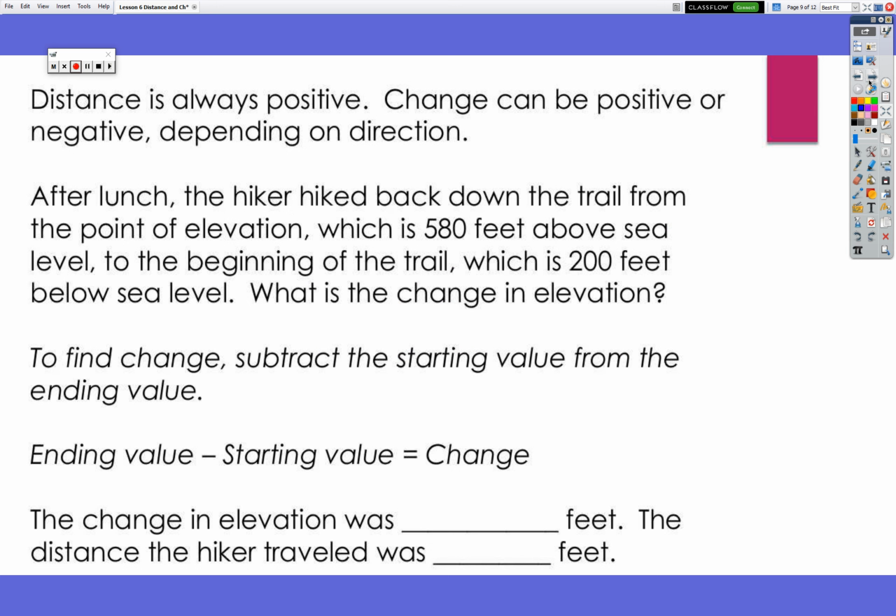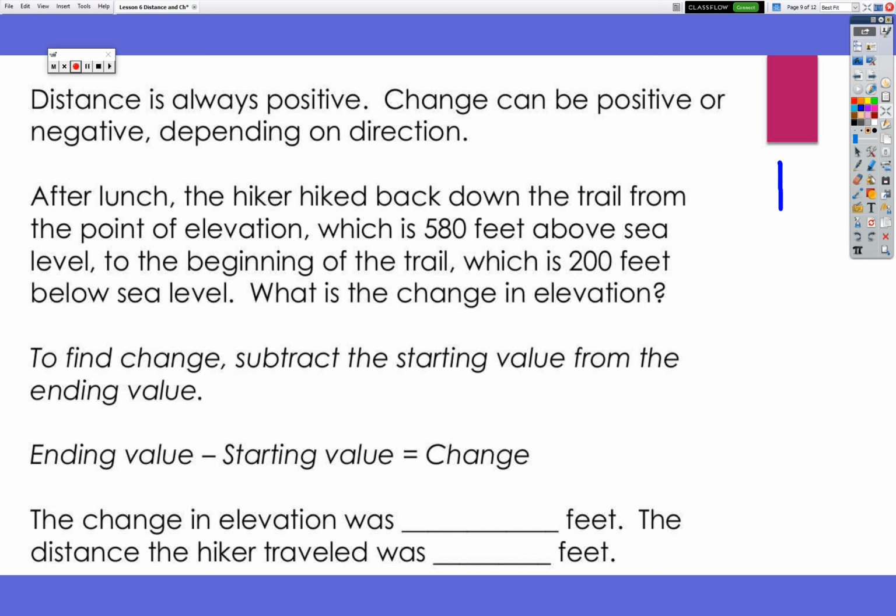Okay, now, distance is always positive, as we just said. Now we're going to talk about change. Change can be positive or negative depending on the direction. This one says, after lunch, the hiker hiked back down the trail from the point of elevation, which is 580 feet above sea level.